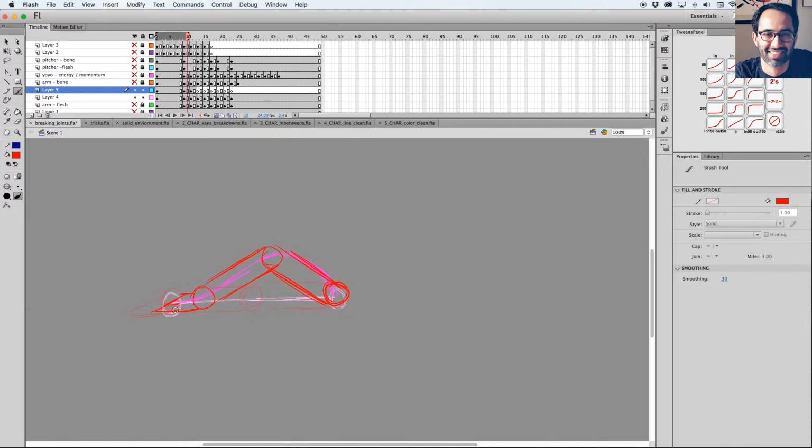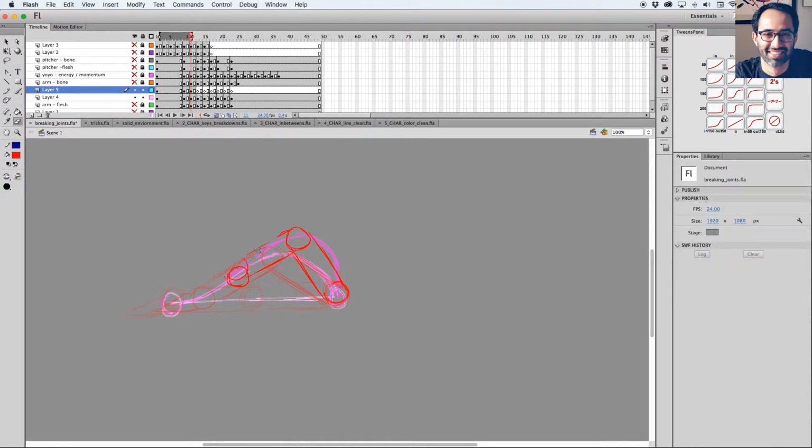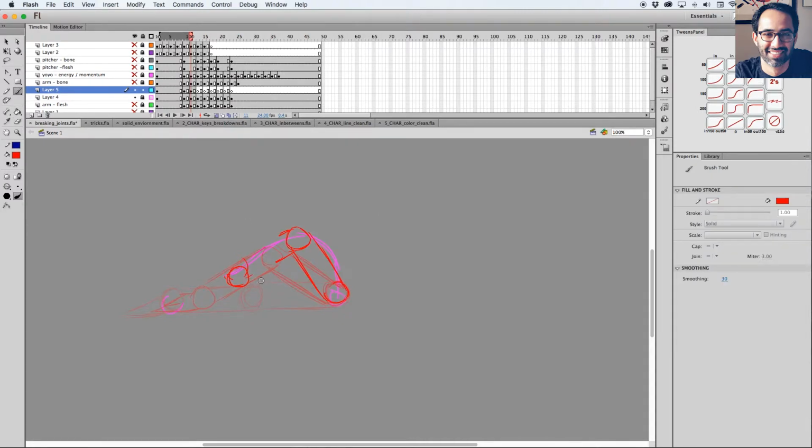I'm going to use this to follow my wrist ball. There you go. You see that? Oh, I missed it. Oh, no, it's that. Yeah, and then I'm following with my hand here.